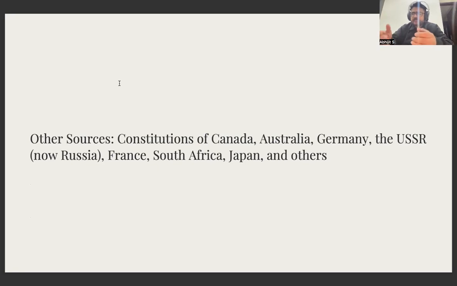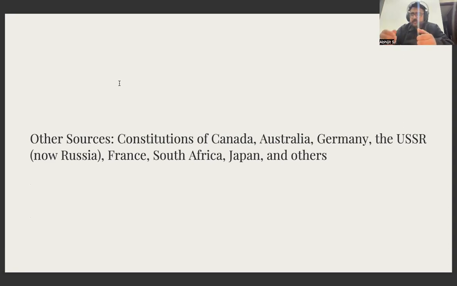Multiple provisions that were sourced from the constitutions of these countries included, but were not limited to, the powers of the governors of the state and the emergency provisions that are present in the Indian Constitution. These were all sourced from other parts of the world.